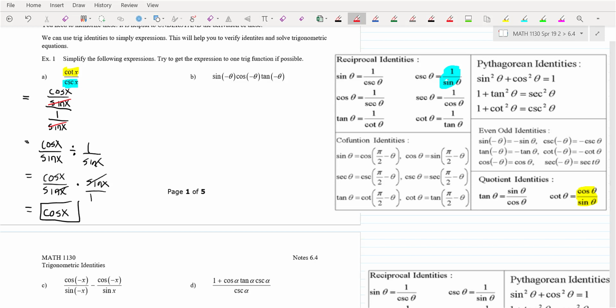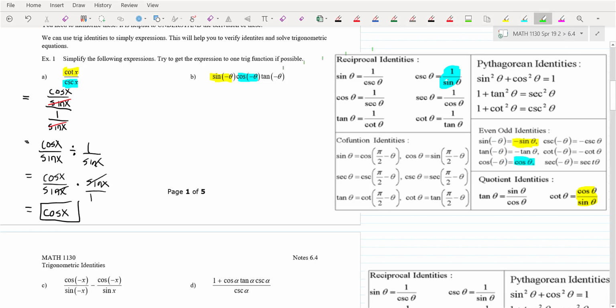Again, what we're doing is using identities to see if we can simplify this trigonometric expression in some way. All right, next one. We have sine of negative theta. That's an even-odd identity, so we can change that to negative sine theta. Cosine of negative theta is an even function, like we learned, so that's just cosine theta.